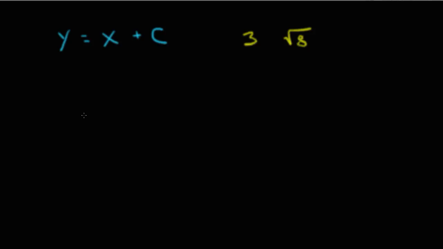So this first question that we're given, we'll clear all that off here, maybe. There we go. So this first question we're given is to determine whether each relation defines y as a function of x.